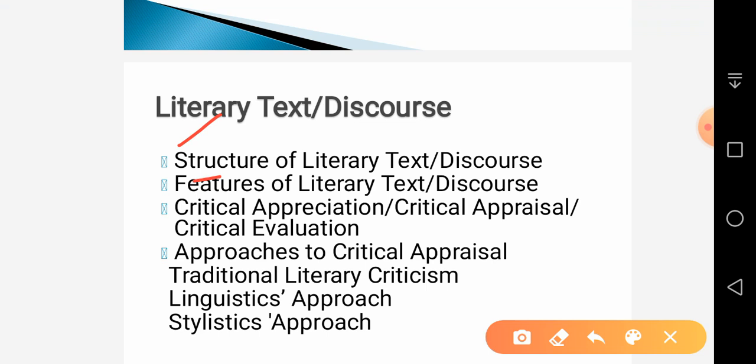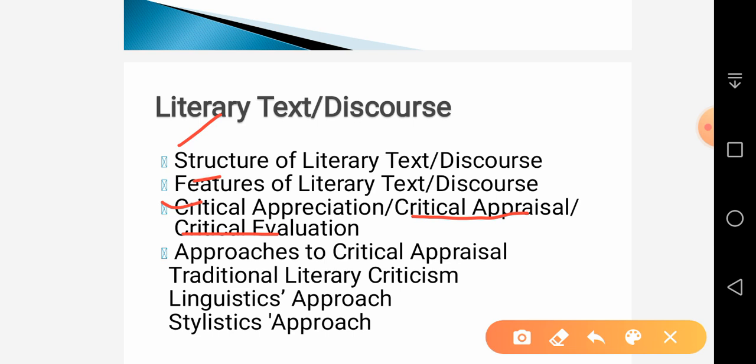So literary text has special characteristics. They are different from other text or other communication pieces. Then the terms literary, particularly critical appreciation or critical appraisal. Sometimes we use the word critical evaluation. So these are three synonymous terms, and they almost mean the same. So we will be talking about this.